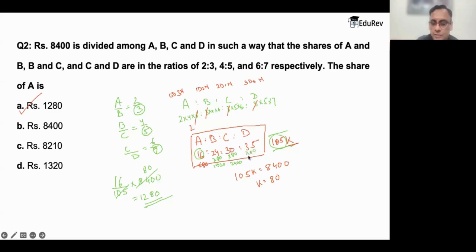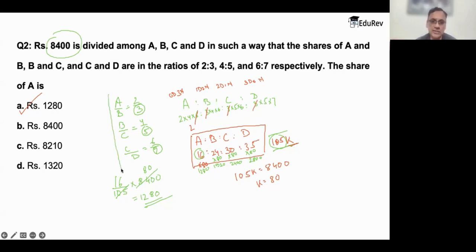So this will be 2400 plus 400, 2800. And if you add all these four values, this was 1280, right? You should obviously get 8400. That also you should get. So 1280 plus 1920, you can check, right? You will get 8400 as the answer. Okay, so I hope this is clear.